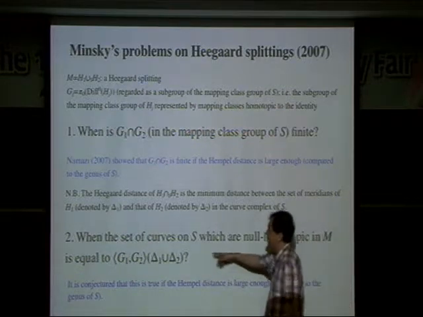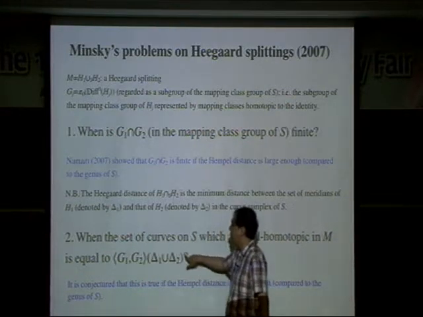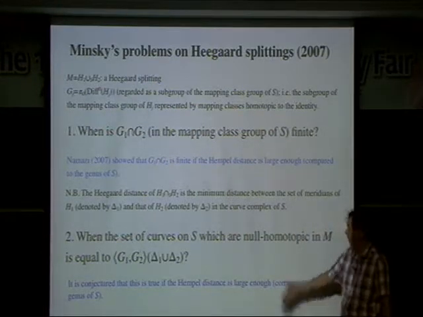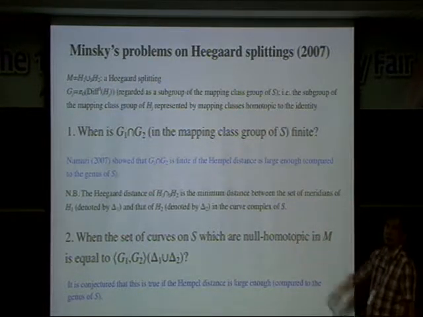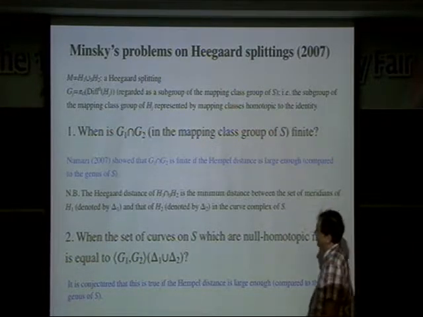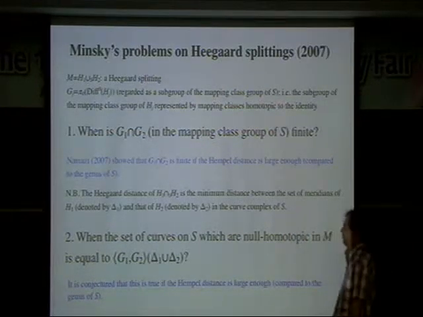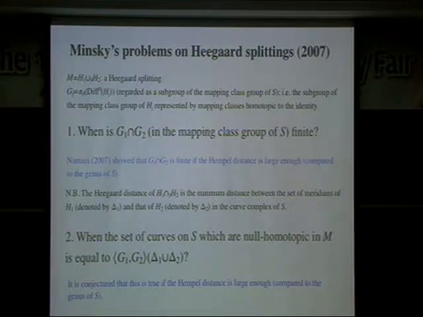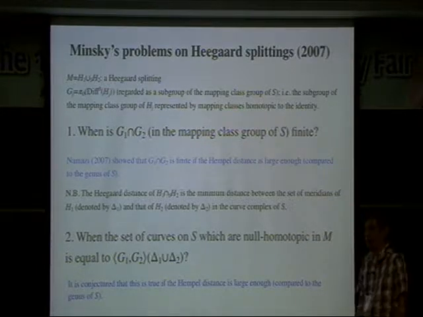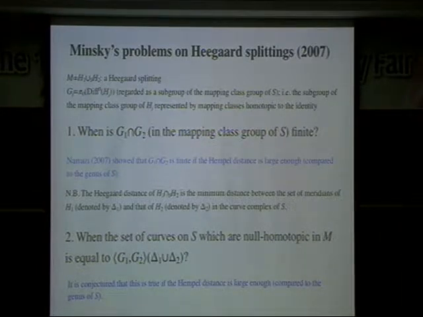So it's easy to see that any curve in this set is non-homotopic, but the problem is the converse. It is conjectured that this should be true if the Hempel distance is large enough again. It's an open problem, but he conjectured that this should be true.